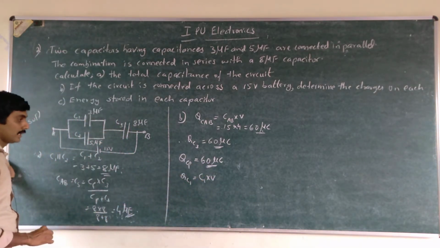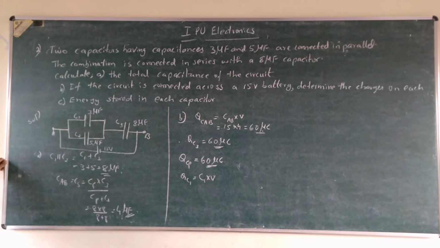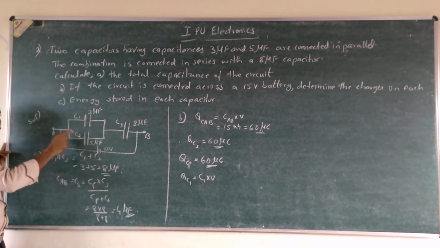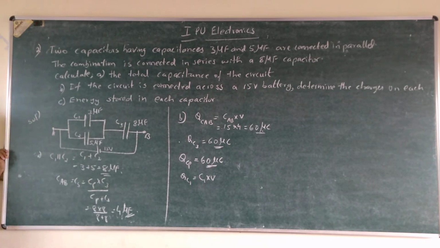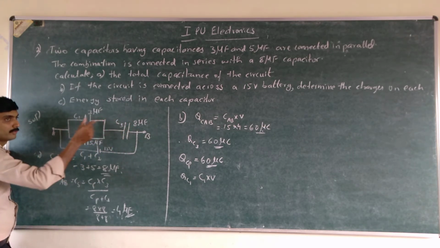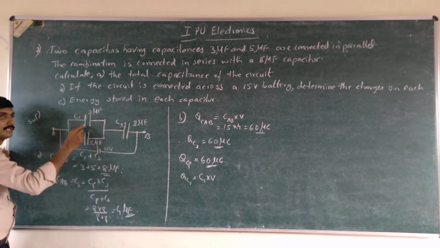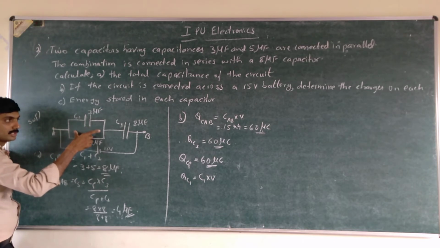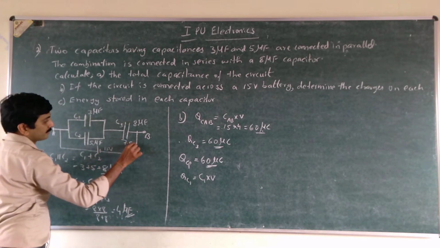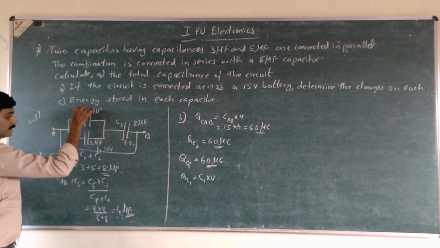That you can calculate here, because the effective capacitance of C1 parallel C2 is 5 plus 3, 8 microfarad, and this is also 8 microfarad. So, voltage drop across 8 microfarad is equal to voltage drop across this combination. Equal capacitances are there. Therefore, the voltage drop is 7.5 volt here, and here also 7.5 volt.